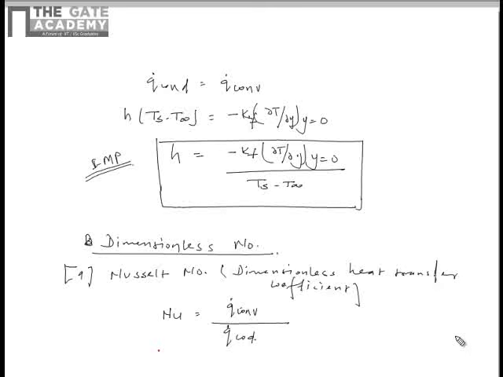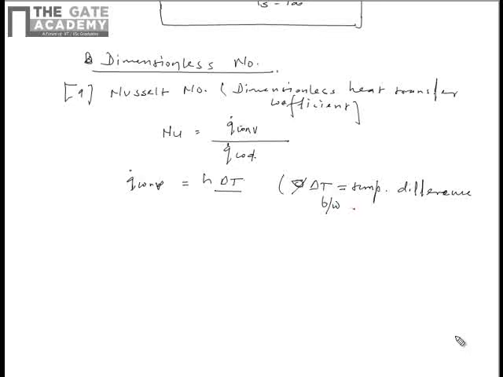So the heat transfer due to convection can be given as h into delta T. Let us say delta T is the temperature difference between the solid surface and liquid, and the heat transfer due to conduction at the interface can be written as k delta T upon L.